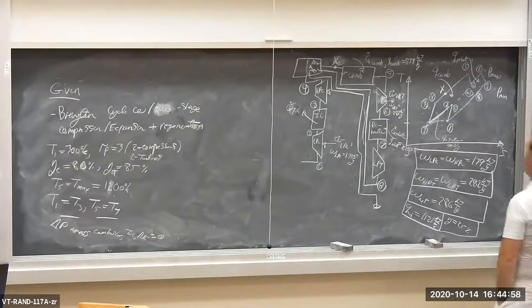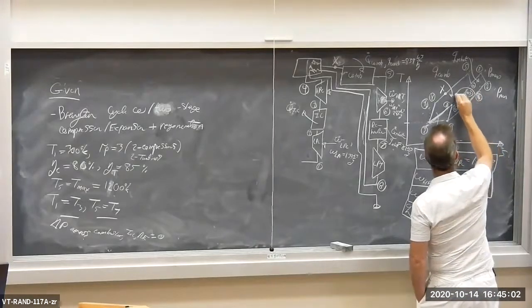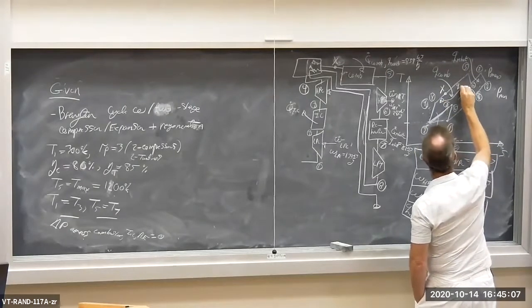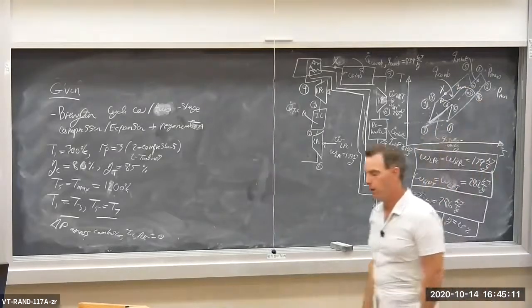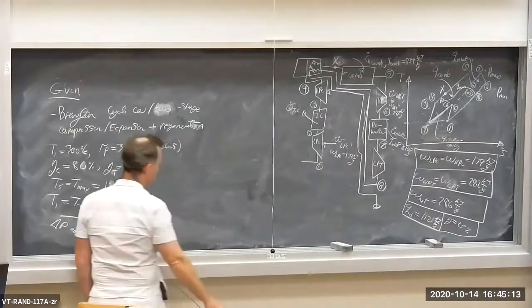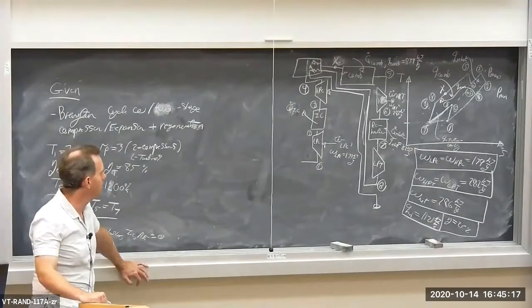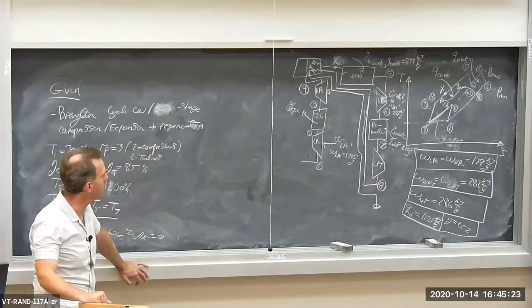So the idea here is that we're taking waste heat, Q regen, from the low pressure turbine exit flow, and we're dumping it into the high pressure compressor exit to preheat the flow before it gets to the combustor.